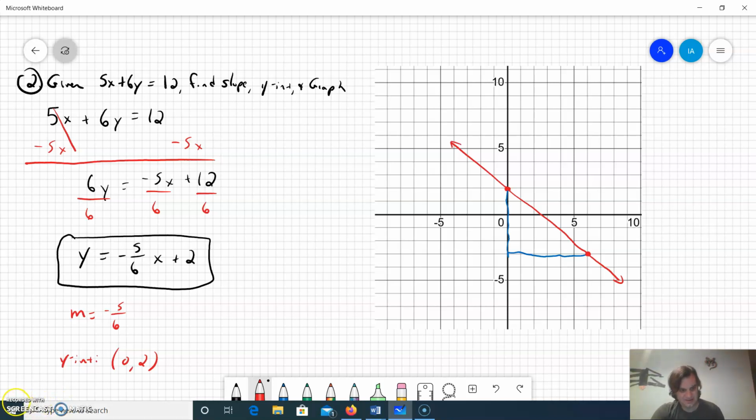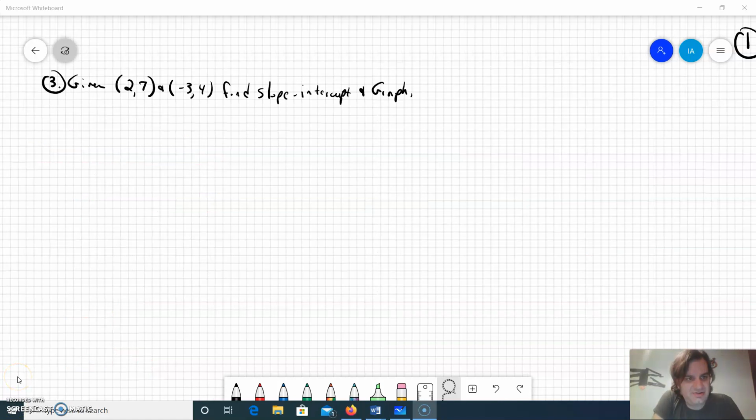Okay. Now we will go to number 3. Number 3 was we're given two points, (2, 7) and (-3, 4), and we're told to find the slope-intercept form and the graph. So what we need is the slope formula.